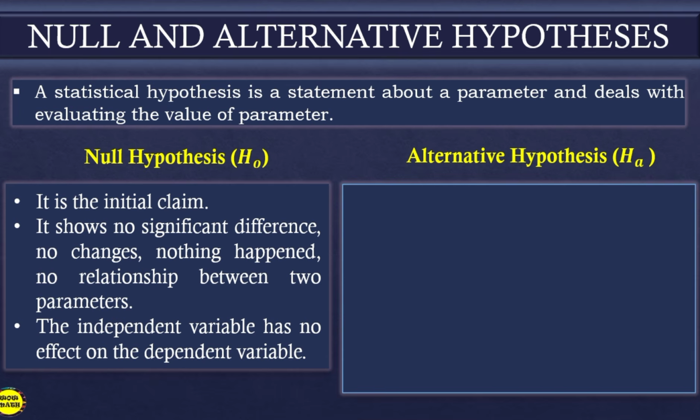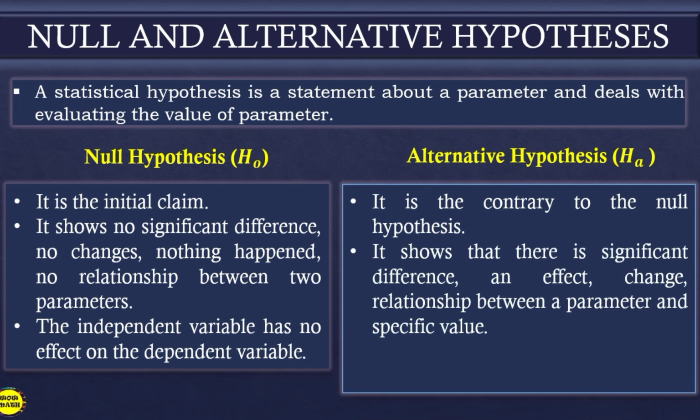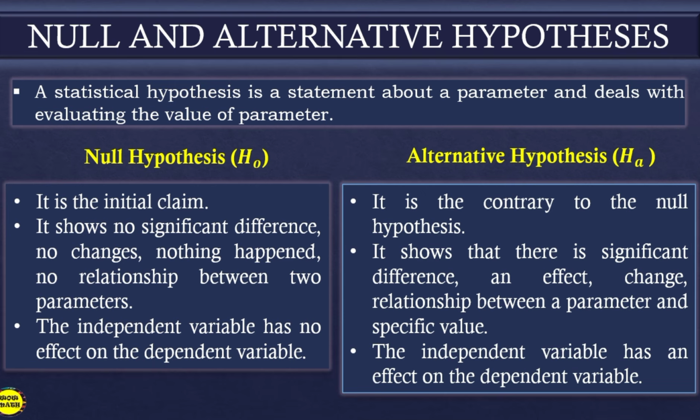So pag sinabi naman nating alternative hypothesis, it is the contrary or contradict dun sa null hypothesis. Opposite siya dun sa null hypothesis natin. It shows that there is significant difference and effect, change, relationship between a parameter and a specific value. The independent variable has an effect on the dependent variable.